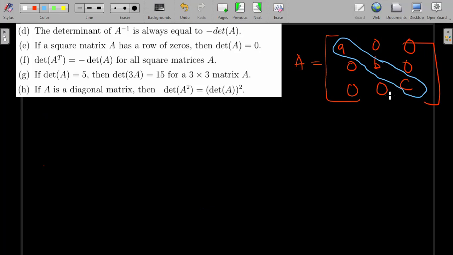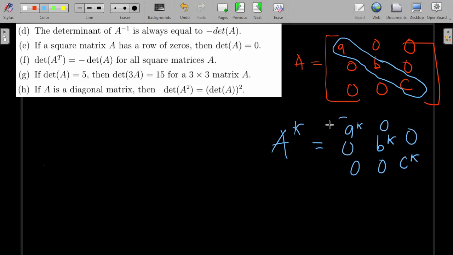There are some special rules when you're finding the power of a diagonal matrix and also the inverse of a diagonal matrix. If, for example, I'm finding A to the power k of a diagonal matrix, it is the same as writing A to the power k, B to the power k, C to the power k, and then here I put zeros like that.